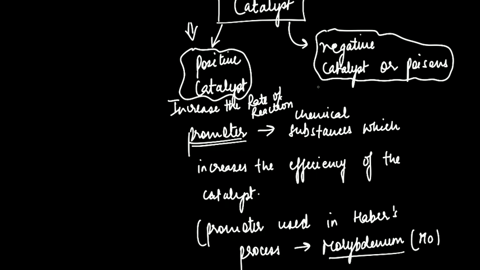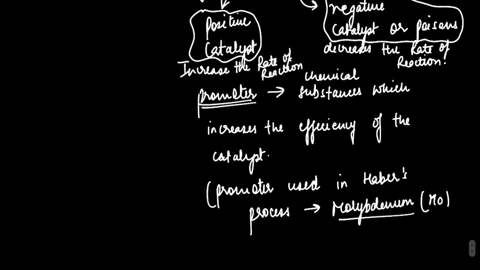And negative catalysts decrease the rate of reaction. We'll take these examples later on, and we'll talk about different kinds of catalysts later on, but do remember these. It's a very important reaction in chemistry. Haber's process is a very famous process.